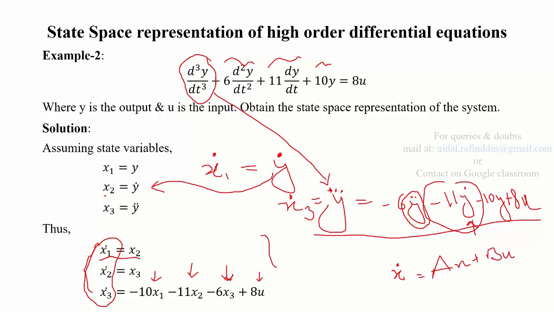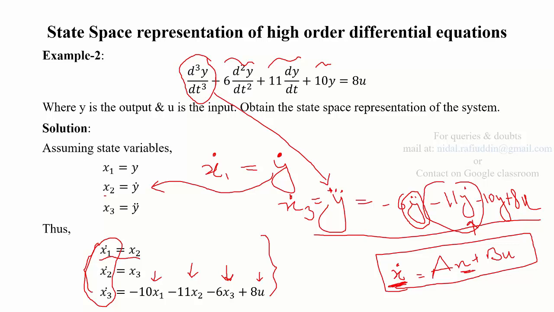In case of the state equation, we required to find the state change in terms of the state, which is x dot in terms of x or input, and this is what we obtained in these three equations.